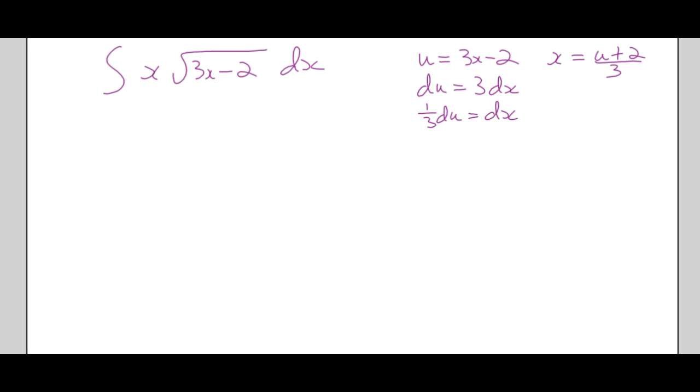All right. Instead of trying to put the constant out front first, let's just do a direct substitution, right? Integral. So x is replaced with u plus 2 over 3. Root 3x minus 2 is root u. The dx is 1/3 du.